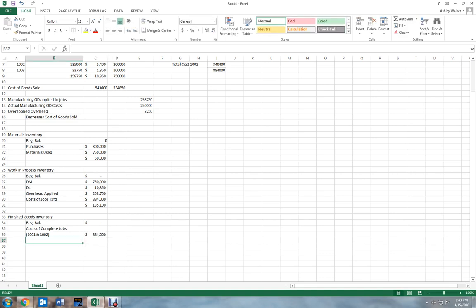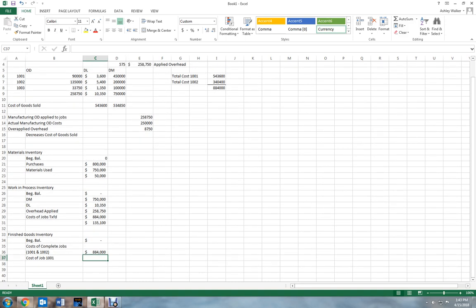Now, the only thing that came out of finished goods was job number 1001 that we sold. So it's no longer in finished goods because we sold it. Okay. So the cost of job number 1001, remember, cost of goods sold, is $534,600.